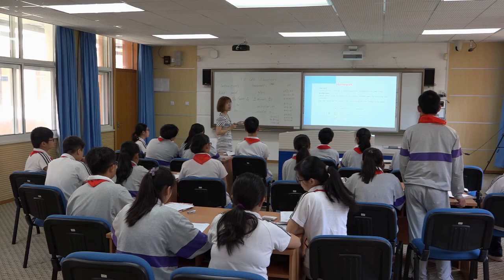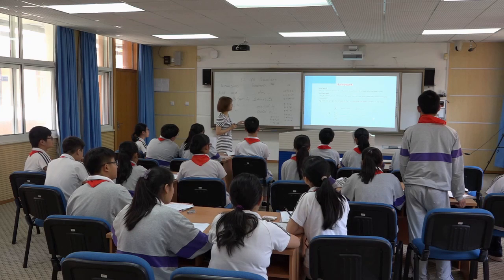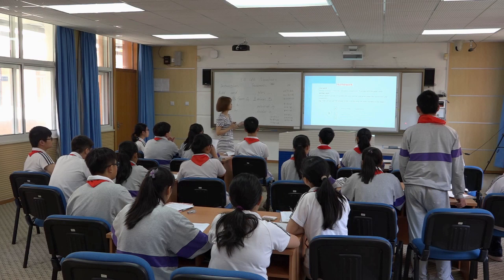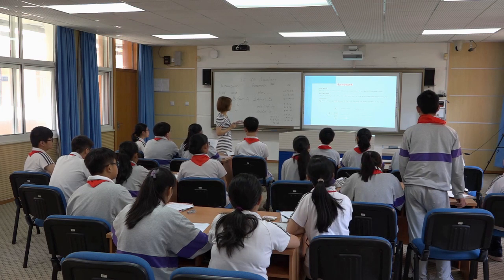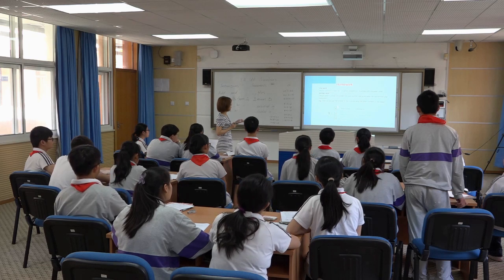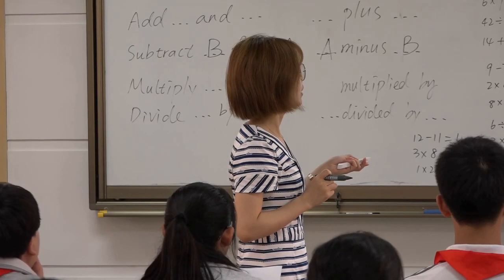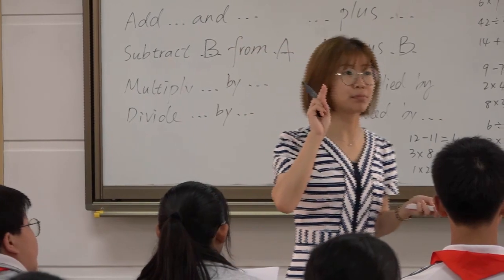Statements? 55 divided by 11 equals 5. And instruction 2. Subtract 5 from 8. Yes, subtract 5 from 8. 8 minus 5 equals 3. Very good. And you have 2 steps.